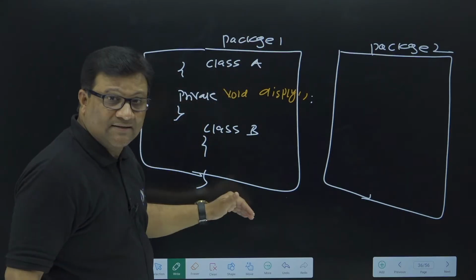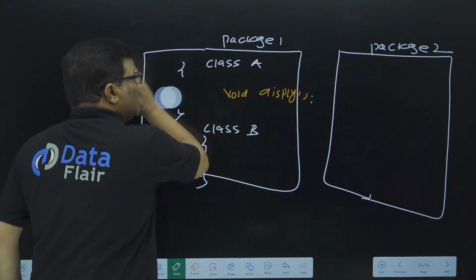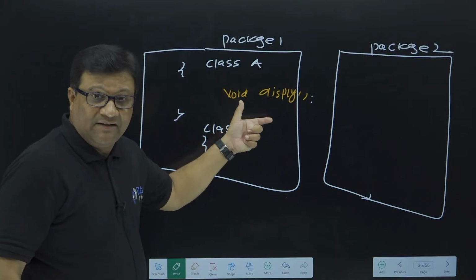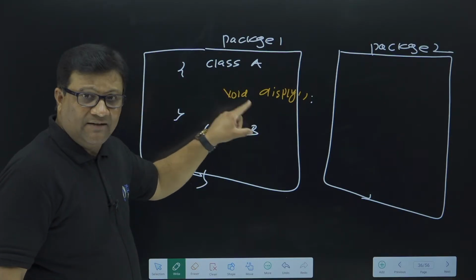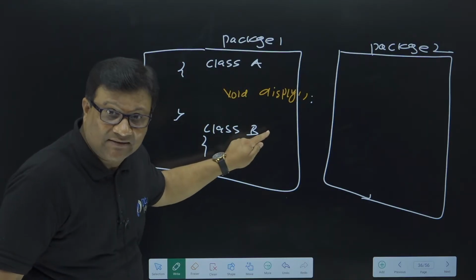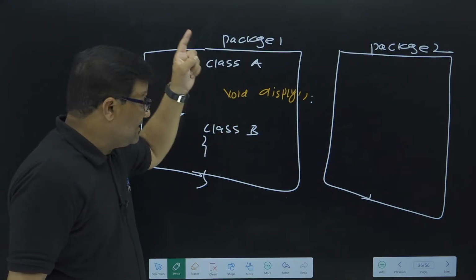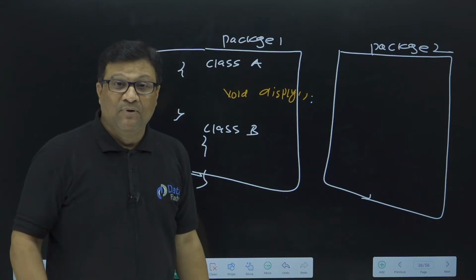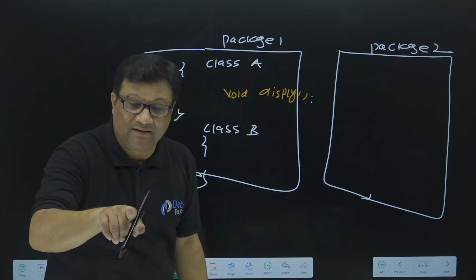If I want to access this, I'll have to remove this private word. If it is not private, then accessibility of this method is possible in the second class which belongs to the same package, because it's default public.